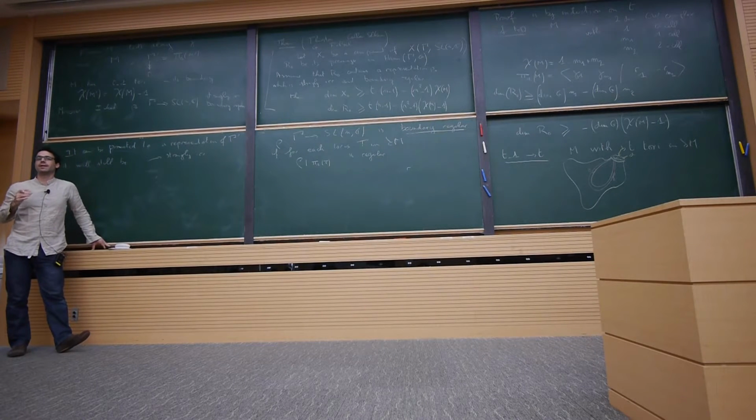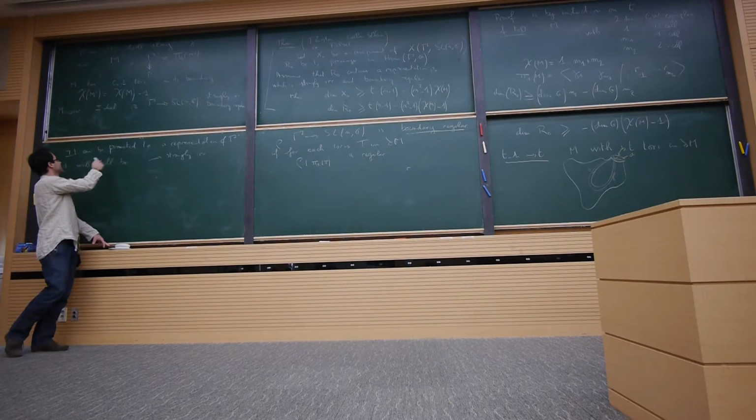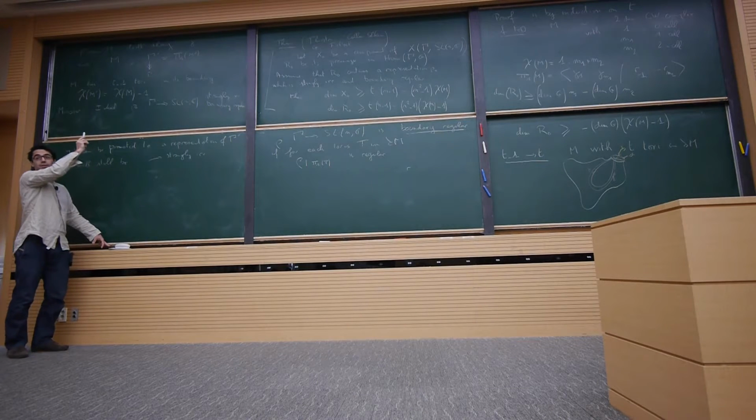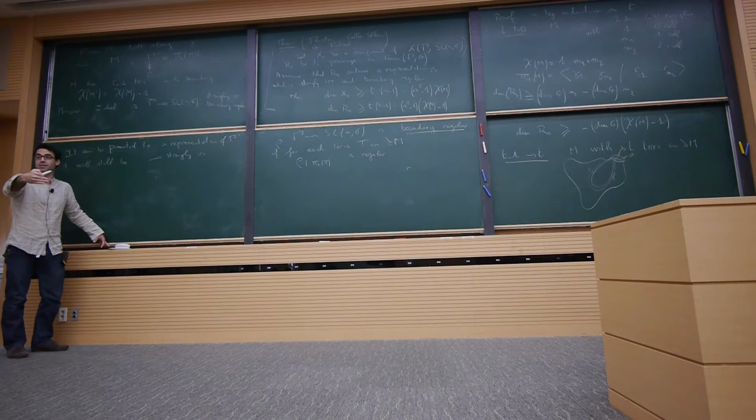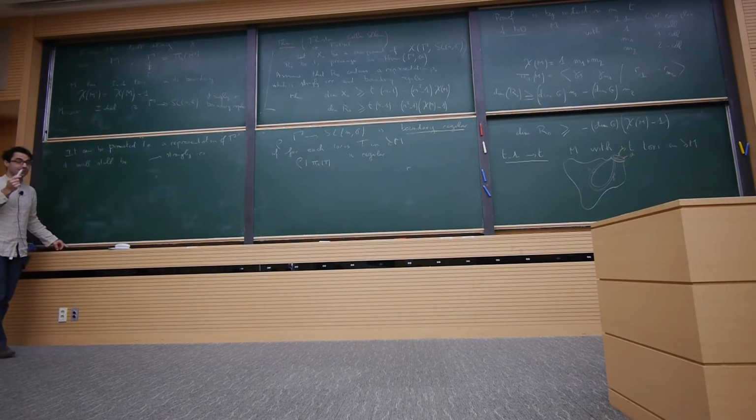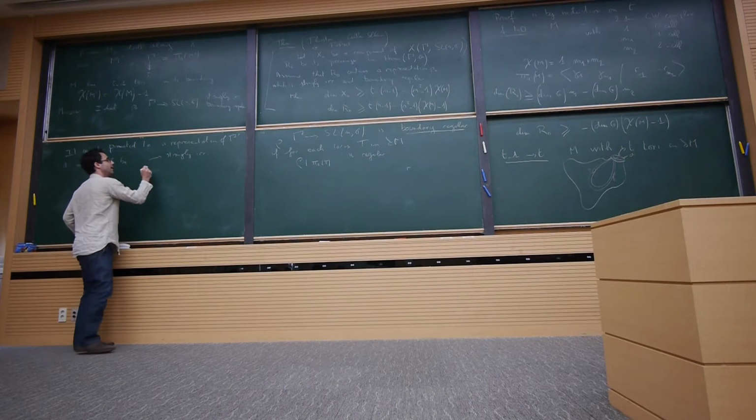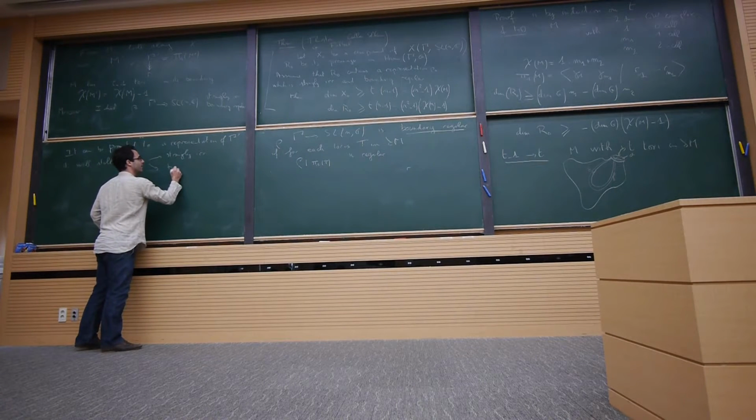In fact, strong irreducibility depends only on the whole image of the representation. Okay, and whether I see rho naught as a representation of gamma prime, the image does not change. So the strong irreducibility does not change. So it is still strongly irreducible, and it is still boundary regular.